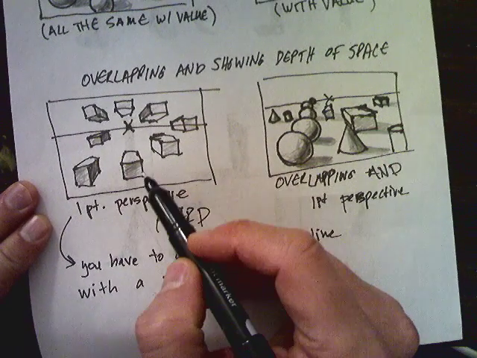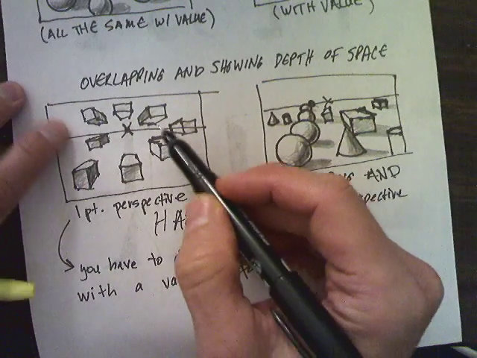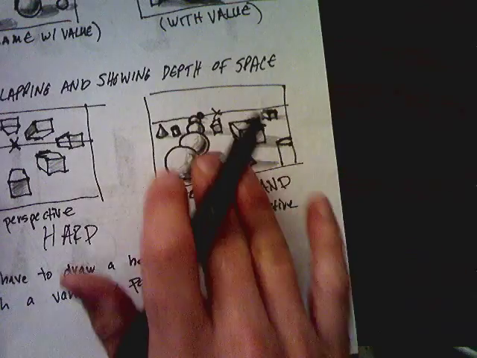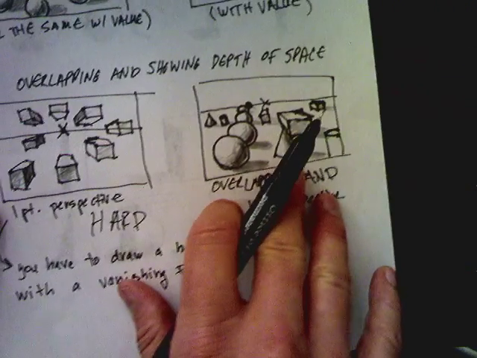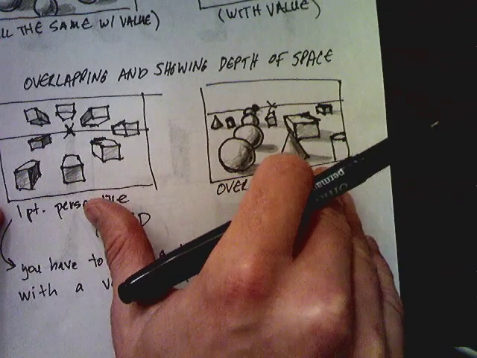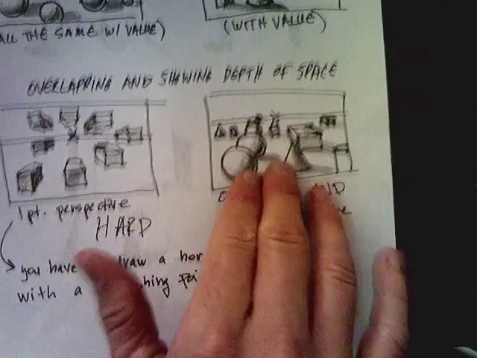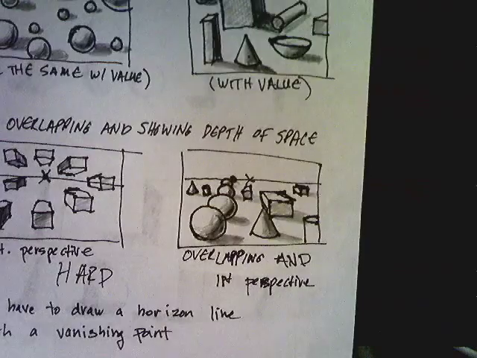If you're interested in doing one-point perspective, either this way where you got boxes above and below a horizon line, or over here where everything's on the horizon going off in the distance, overlapping, I can help you with that. So if you think that you could tackle this, I've got a few students that have already chosen to do this. I think that would be an awesome option. It would look really good for those that can accomplish that. It's an option, all right? It's not a mandatory thing.